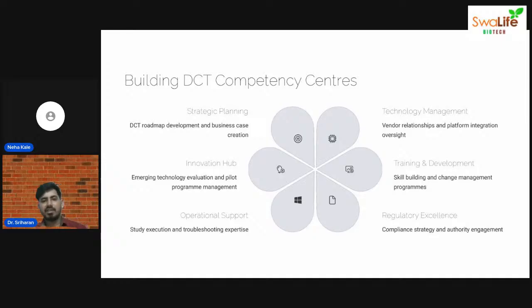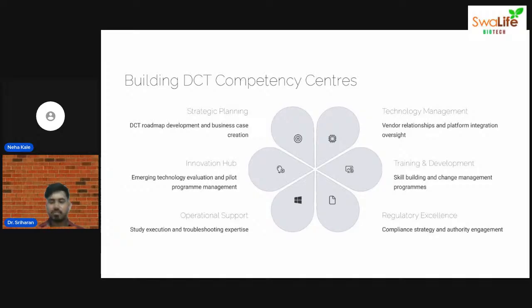Building DCT competence centers, there should be a strategy planning team and an innovation hub. Innovation hub is nothing but starting with a pilot study and extending to the full study. Operational support team we need, 24/7, to build the workflow, to monitor the workflow, and standard operating procedures.